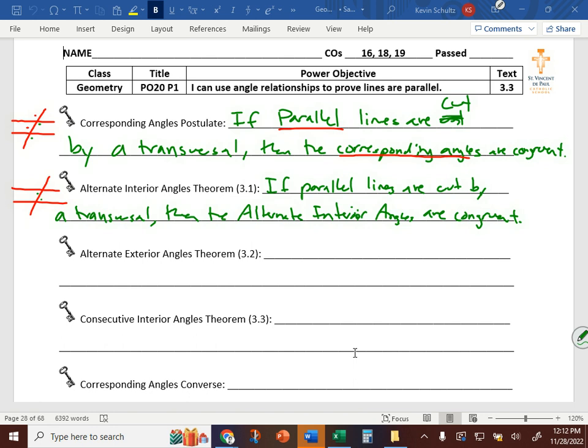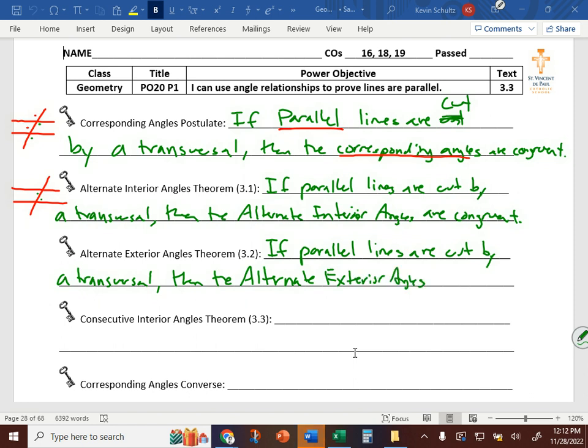Question so far? Next one. If parallel lines are cut by a transversal, then the alternate exterior angles are congruent.